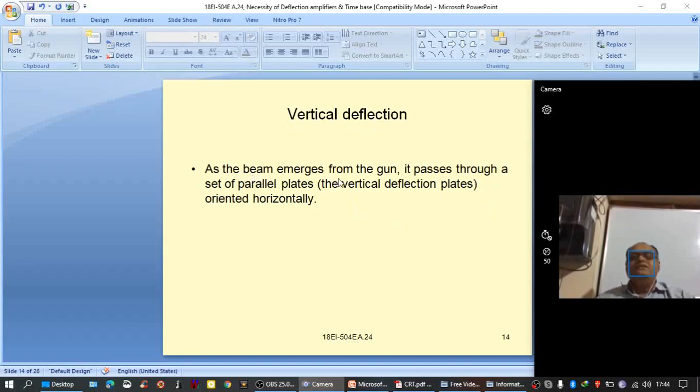As the electron beam emerges from the electron gun, it passes through a set of parallel plates, the vertical deflection plates, oriented horizontally.